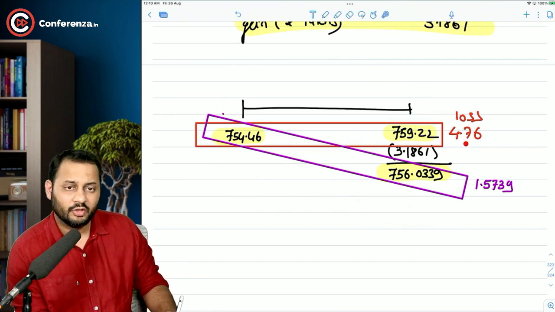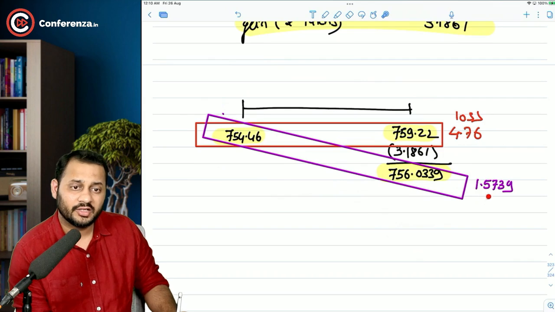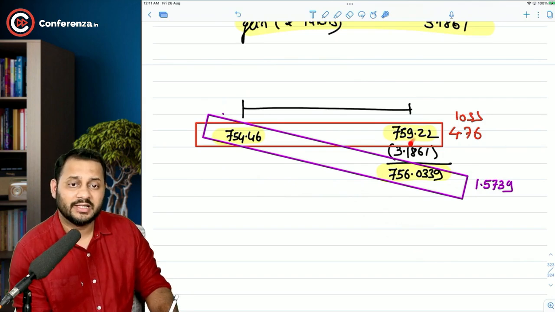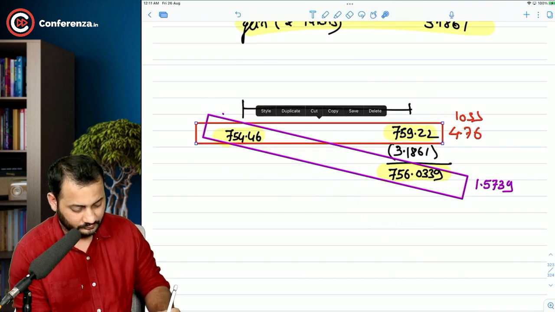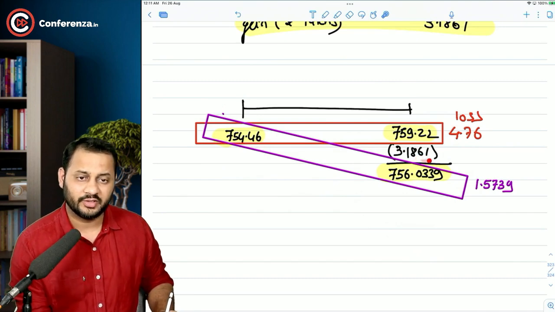When you do nothing, the loss is 4.76 lakhs. When you take the NDF contract, the loss is 1.5739 lakhs. This loss of 4.73 lakhs is offset by the profit of 3.1861 lakhs. That's what the story is. That's it. Due to NDF, this is the gain due to NDF, 3.1861 lakhs.